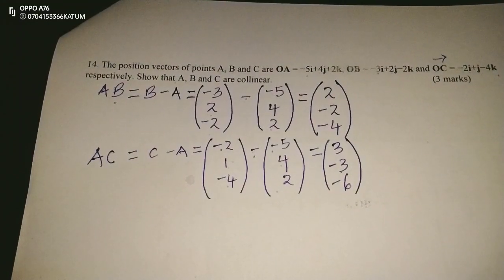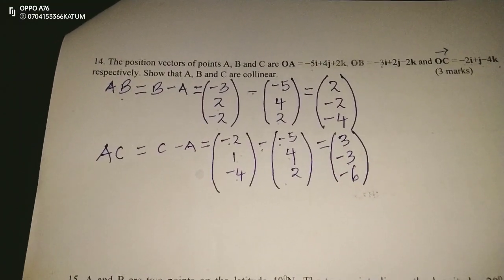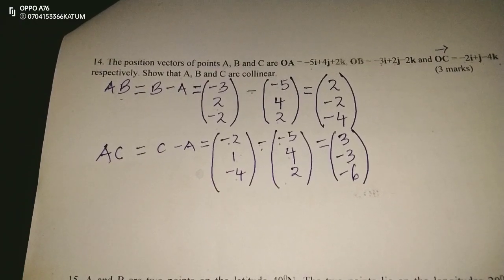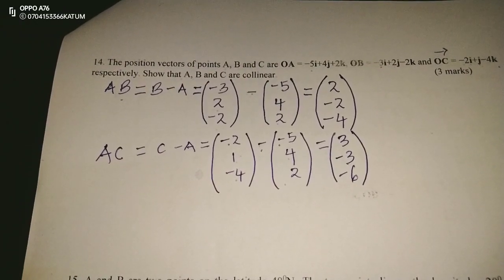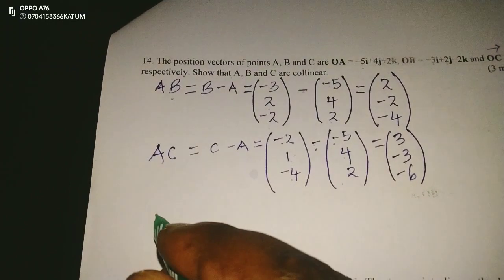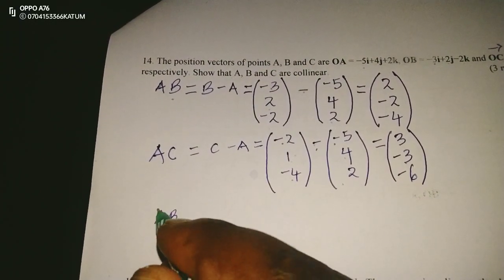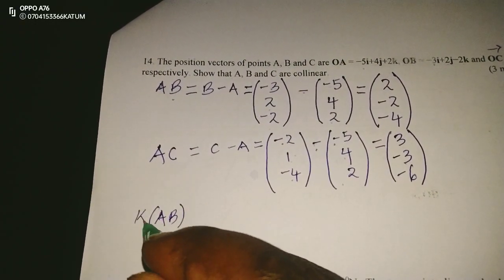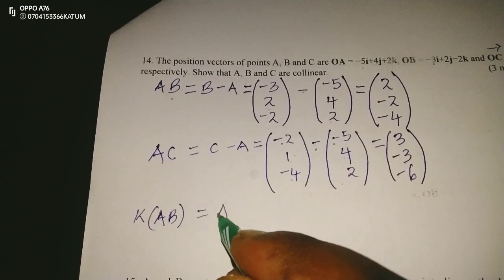So now with this, we can relate the two vectors, vector AB and vector AC. We can check whether vector AB can have a scalar multiple k which makes it AC.